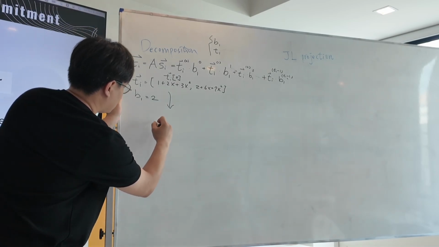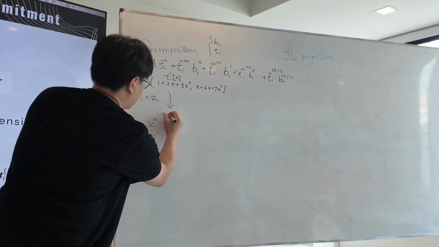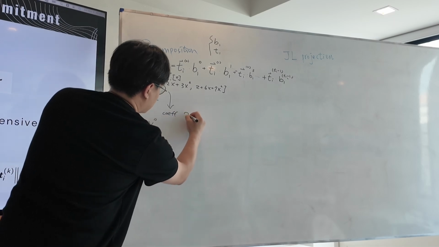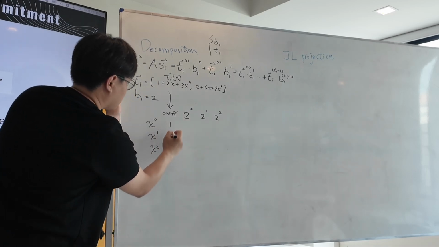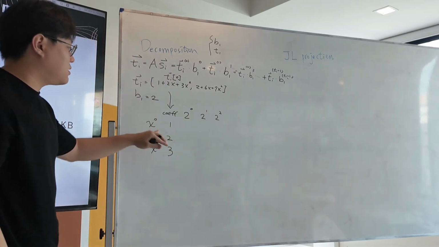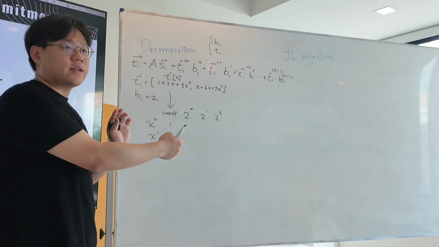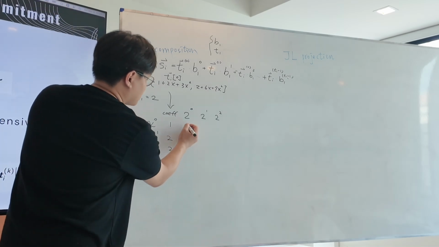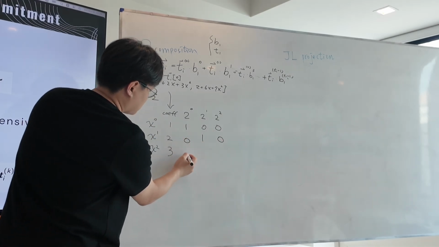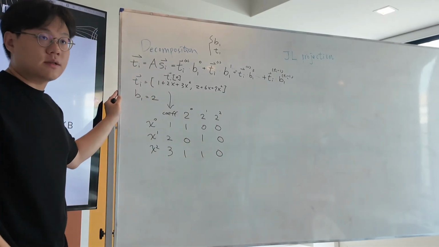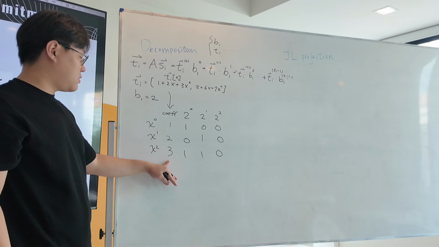I will use powers of 2 as the basis, and the coefficients are 1, 2, 3. You can divide it into the form of binary, so you can do this: 0, 0, 0, 1, 0, 1, 1, 0. This is just the binary form of the decimal number.